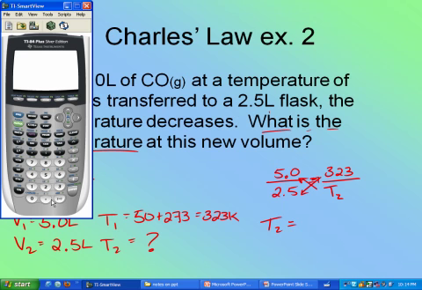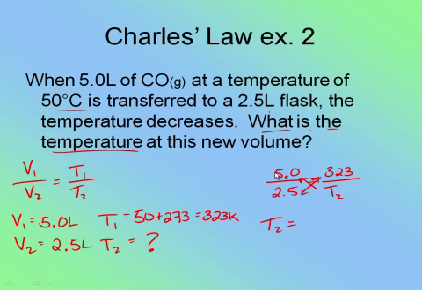So I've got 2.5 times 323 divided by 5 and get 161.5, but of course I have to round to two significant figures, so 161.5 kelvins will round to 160 kelvins, no decimal, because I don't want that 0 to be significant.